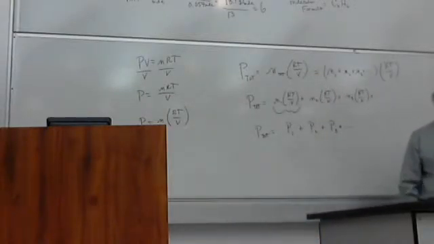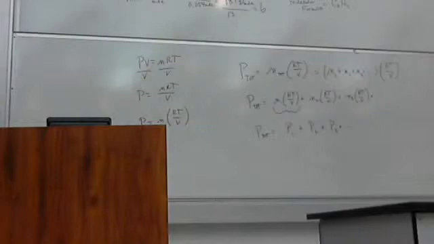So what we're saying is that the total pressure is equal to the sum of the individual pressures, which we call partial pressures. And this is actually known as Dalton's law. Dalton's law says that the total pressure is the sum of all the partial pressures of the gases present in the mixture. And this becomes very useful for certain applications.